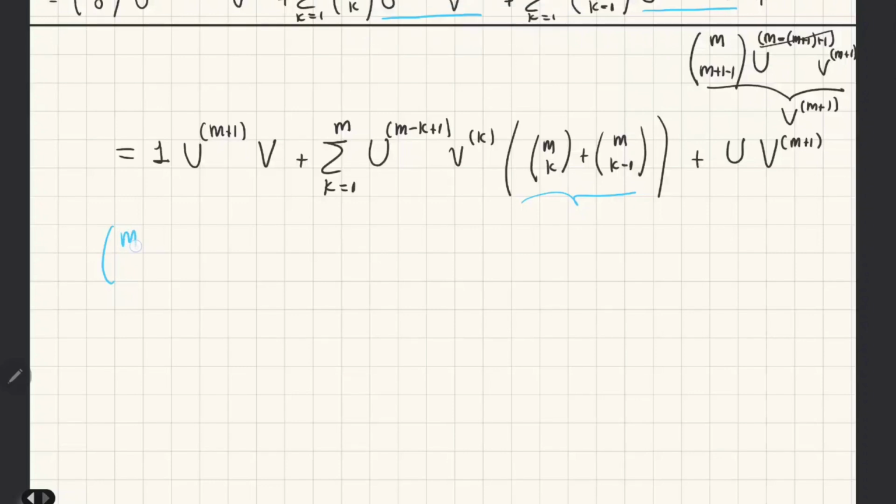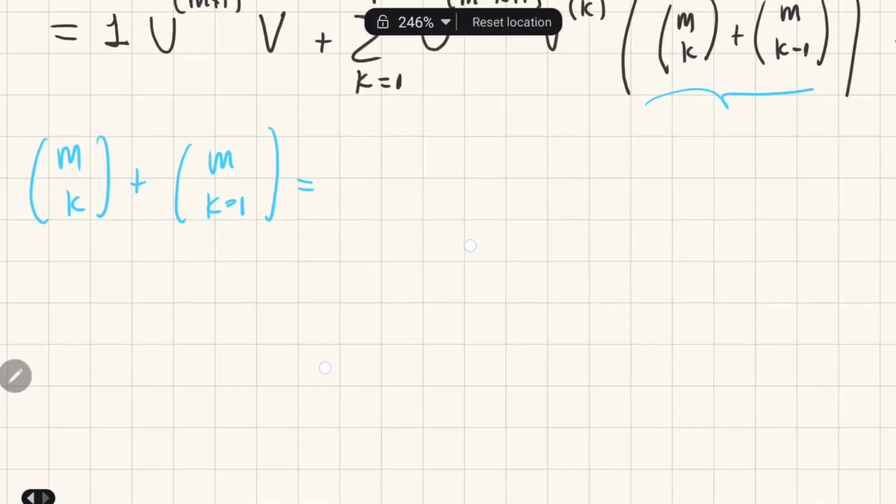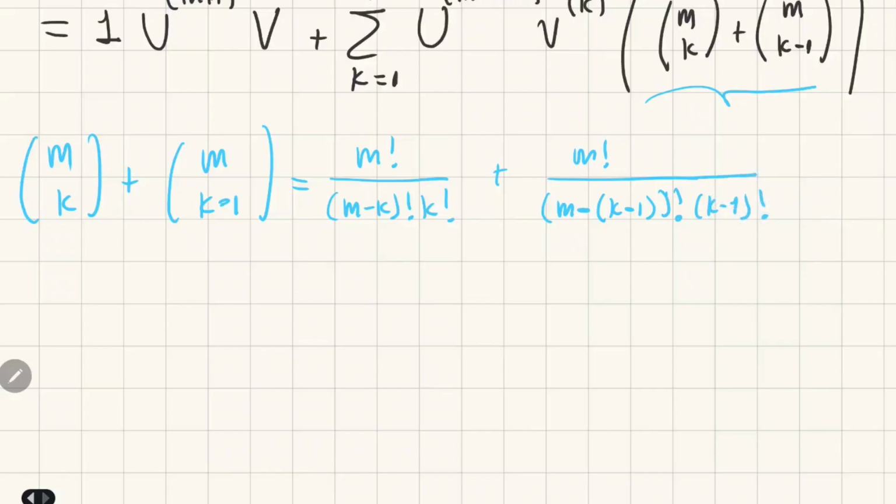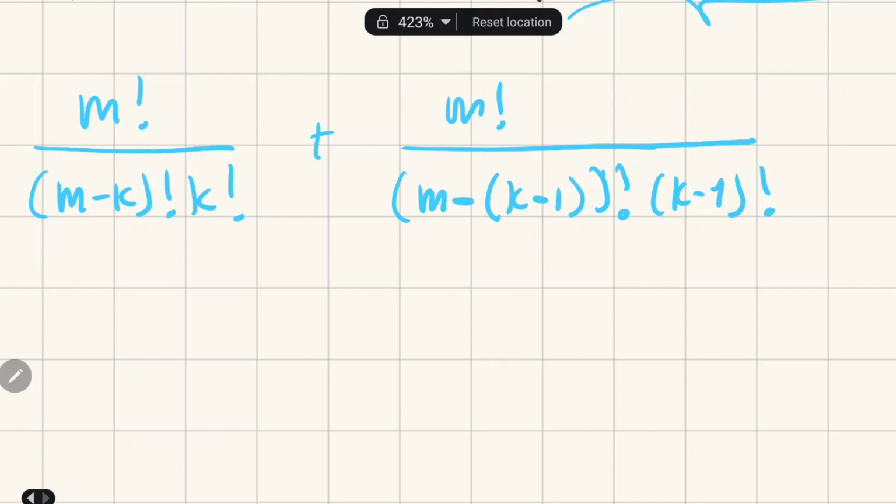So we have m choose k plus m choose k minus 1. To do this, we are going to use the definition. So this will be m factorial divided by m minus k factorial times k factorial, plus m factorial divided by m minus k minus 1 factorial, and then k minus 1 factorial over here. And let me write this as m minus k plus 1. Perfect.